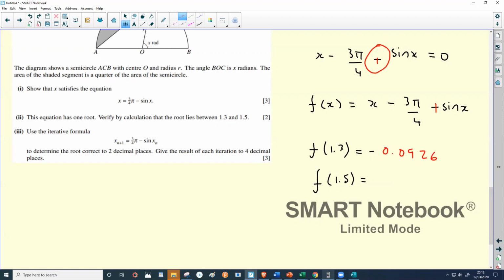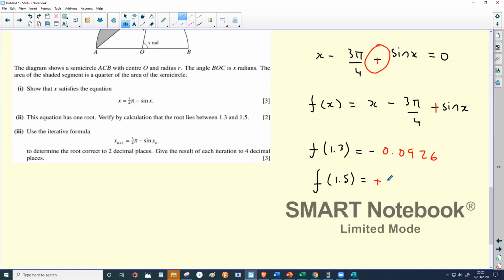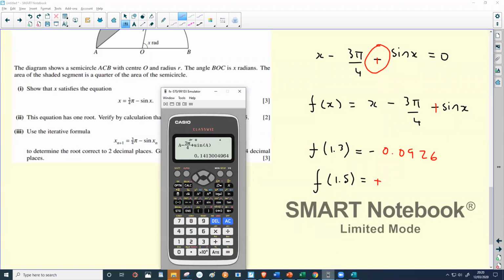And then if I do it again for 1.5, if I store that in A and go up and press equals again, now we can see that there's actually been a change in sign. So plus 0.141.